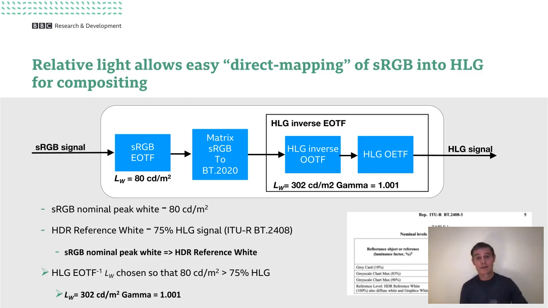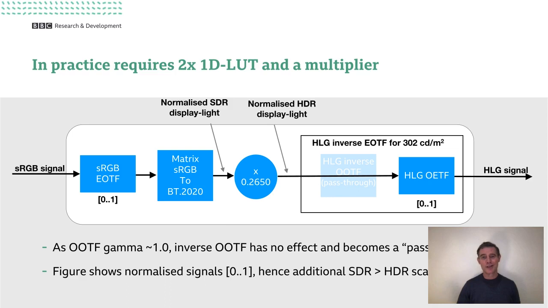One thing to note, when you're doing this sort of conversion, you need to use the more accurate gamma formula that's specified in footnote 2 of BT2100 for HLG, because we're less than 400 candelas per meter squared. So you need to use the more accurate formula in this signal range. Now, there's actually a further simplification we can do with HLG.